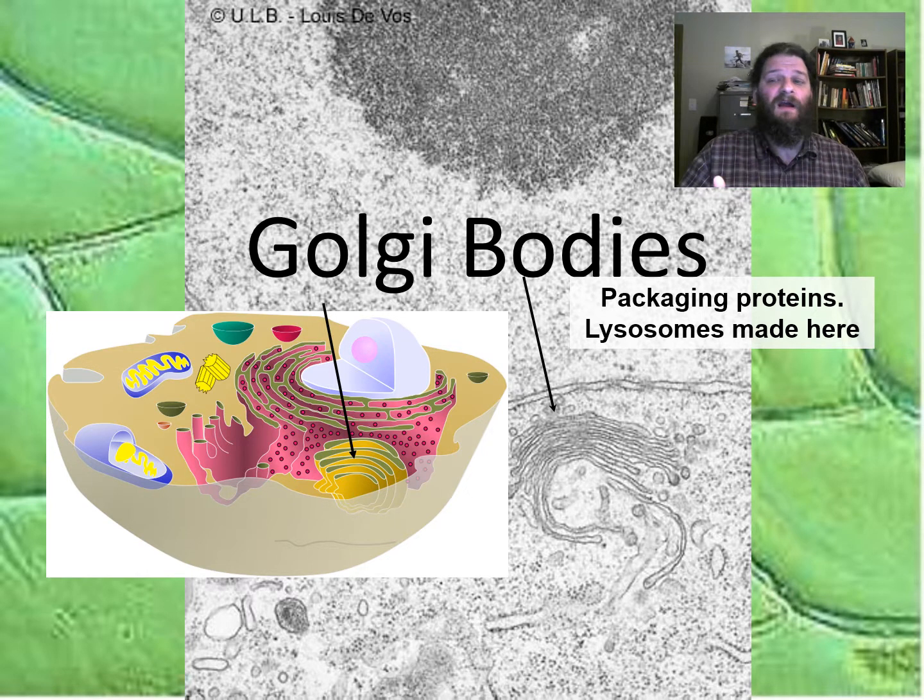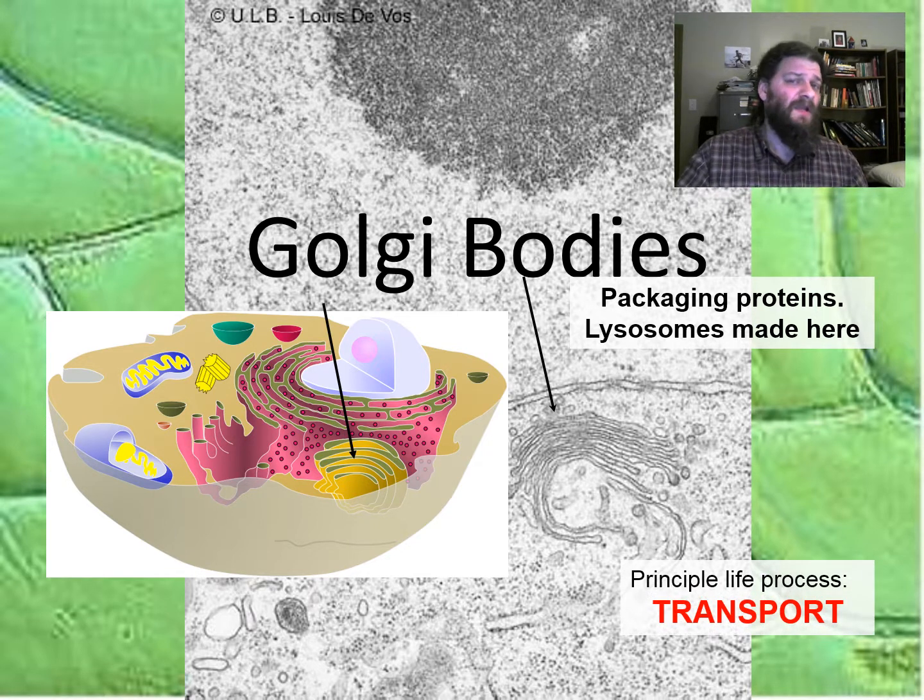This is also where proteins that are going to be secreted outside of cells or become part of the cell membrane are kind of packaged for secretion or for incorporation with the cell membrane. Now, they're not really making things here. They're kind of the final assembly and the packaging department. We think of them almost like the UPS or Postal Service. And so their principal life function is going to be transport.